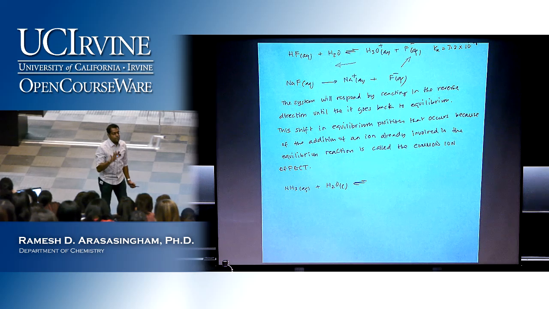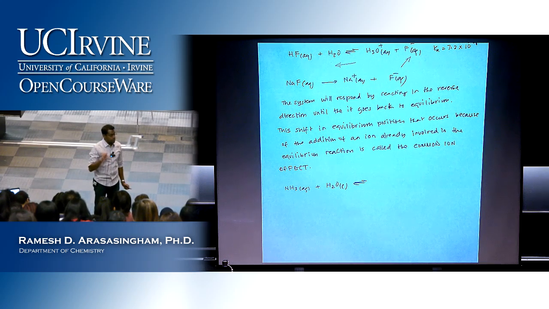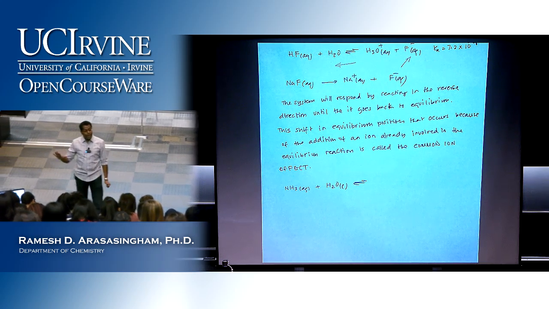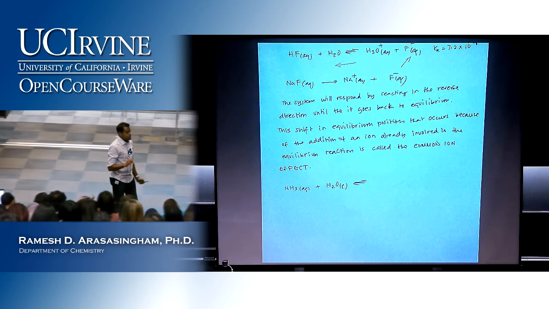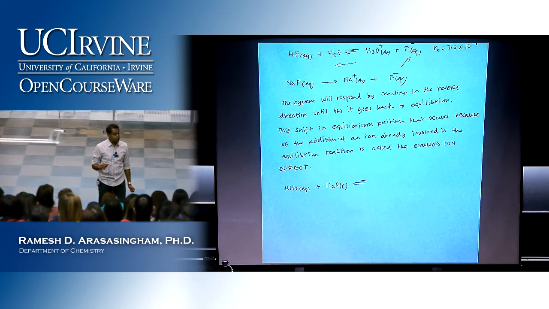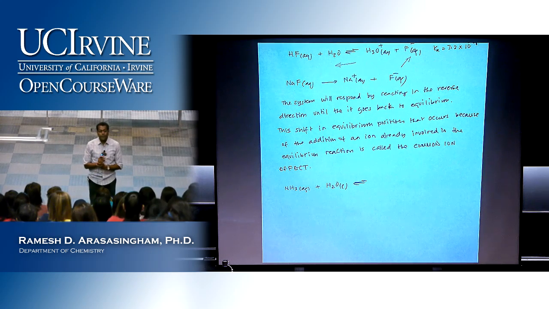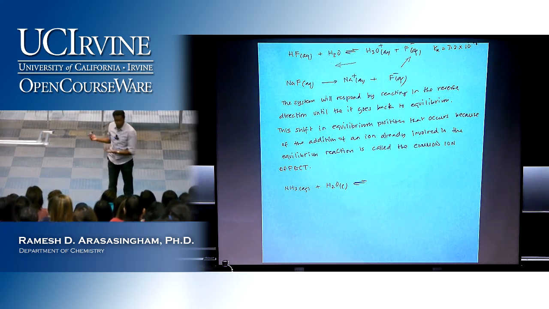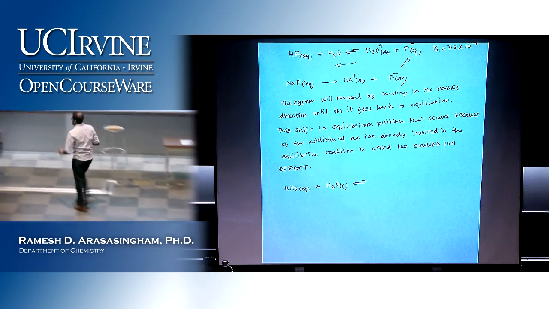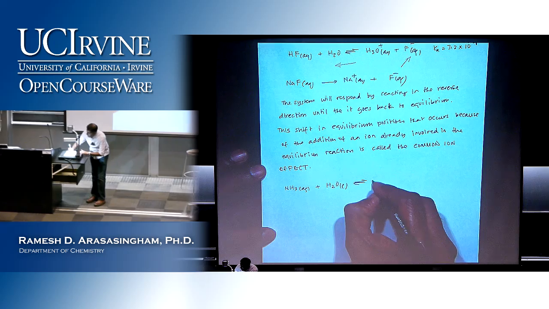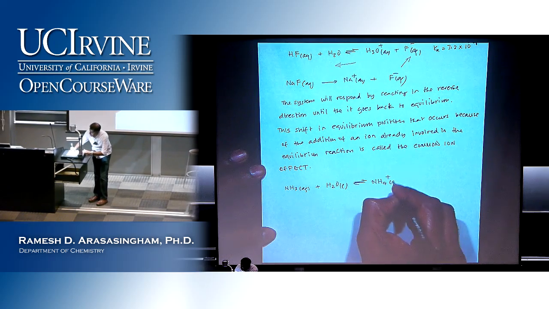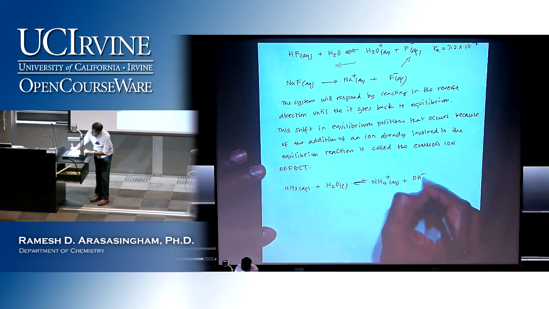Now NH3 is the base, so it's got to be the proton acceptor. And water is going to be the acid, therefore water is the proton donor. So can you tell me what the products of that reaction are going to be? NH4+ and OH-. Okay, great. So this would be NH4+ aqueous and OH- aqueous.